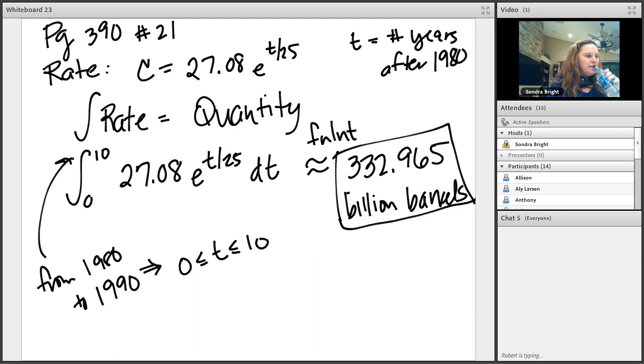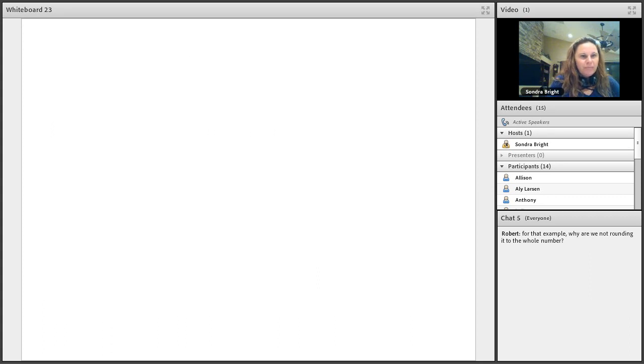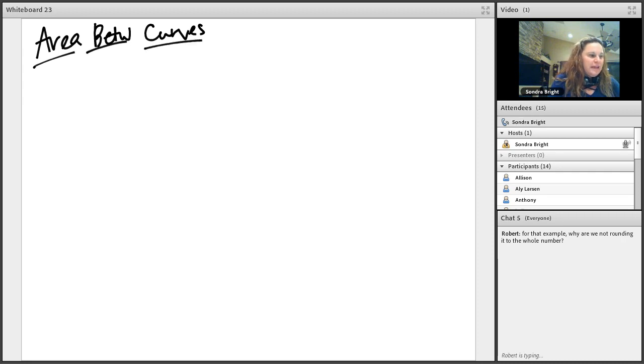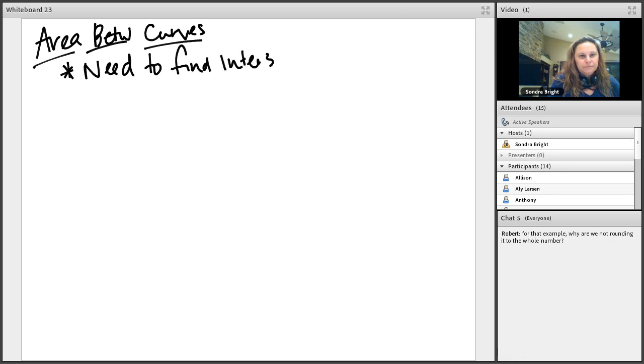You also need to know the area between two curves. When you do this, you need to find the intersection points, when the curves intersect.